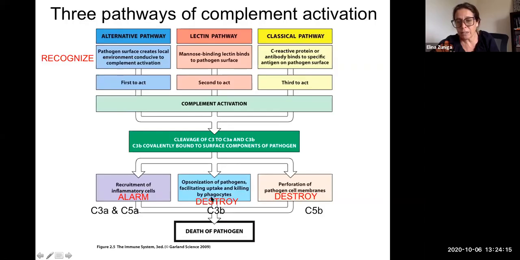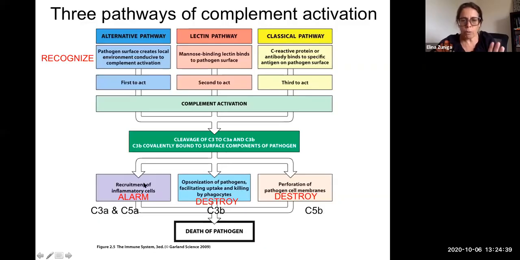This opsonization, or enhancement of pathogen uptake, is mediated by C3b, and it will also induce a pore formation in the surface of the pathogen that will lead to the destruction of the pathogen, and this is initiated by C5b, okay?